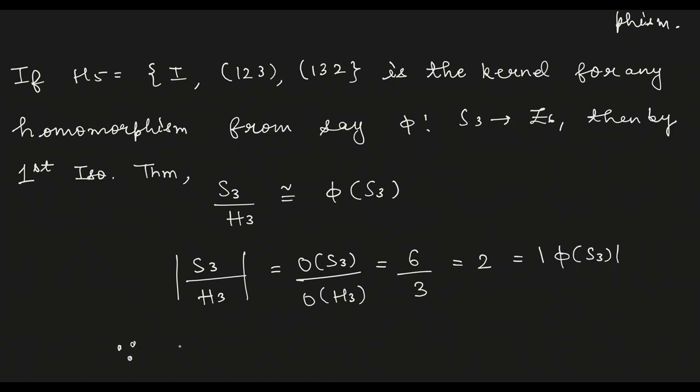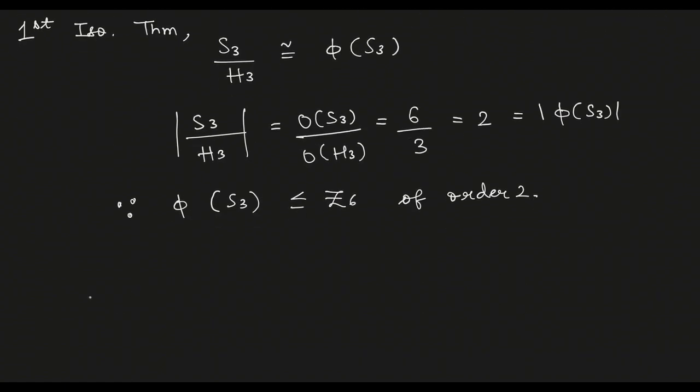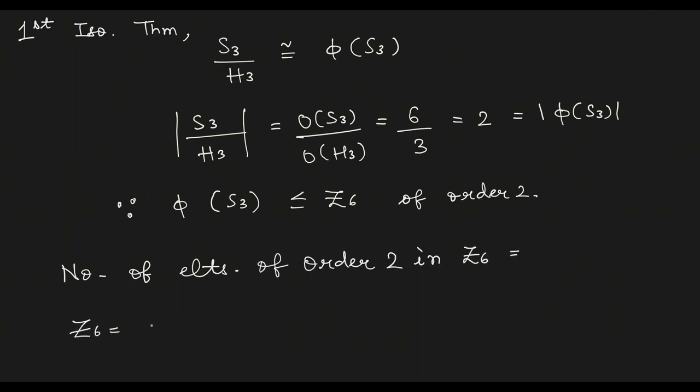Now as phi S3 is a subgroup of Z6 of order 2, now the number of elements of order 2 in Z6, ये देखना पड़ेगा अब हमें. Z6 क्या होता है? 0 1 2 3 4 5.